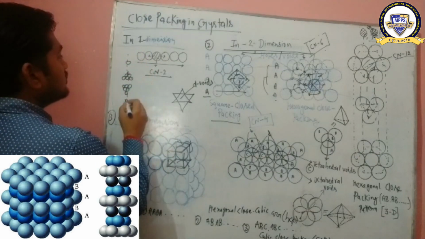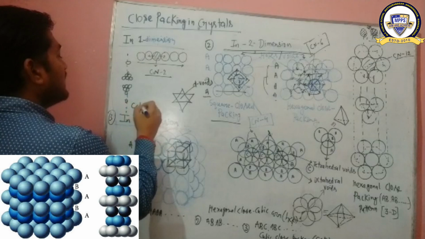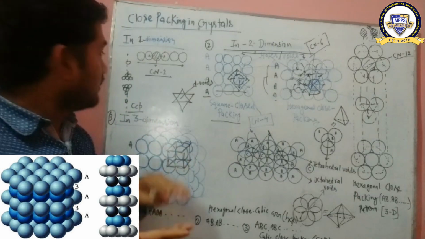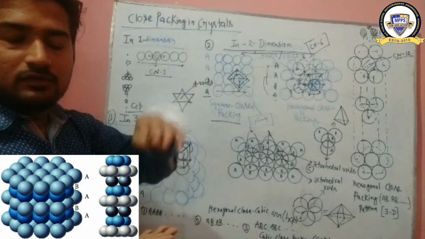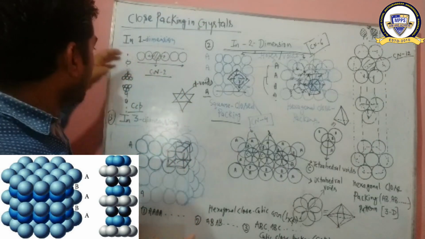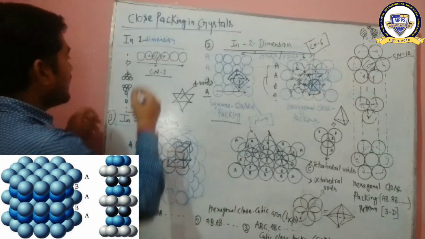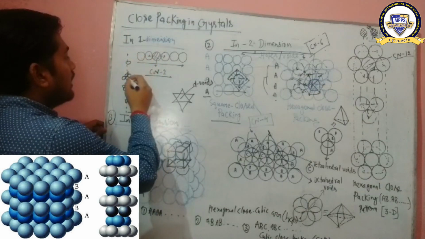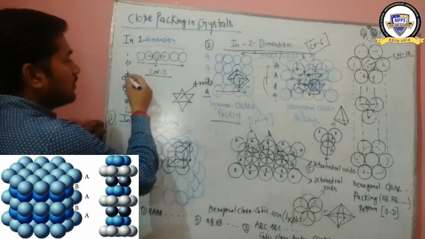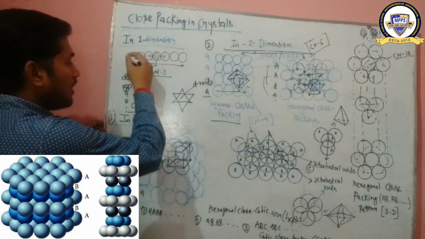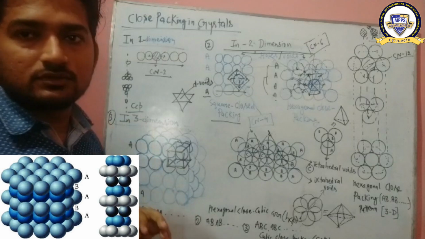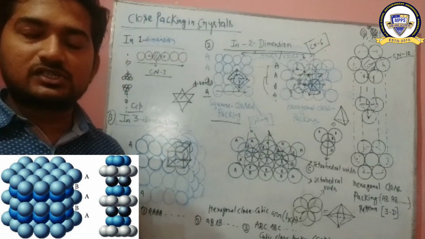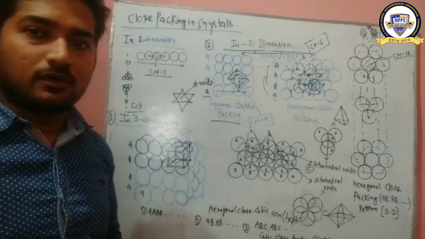So if you look here, this arrangement is known as CCP arrangement. This is represented in a better look, where you can see that one particle is surrounded by 6 particles in the same layer, 3 above and 3 below. So in both cases, CCP and HCP, the coordination number is 12.